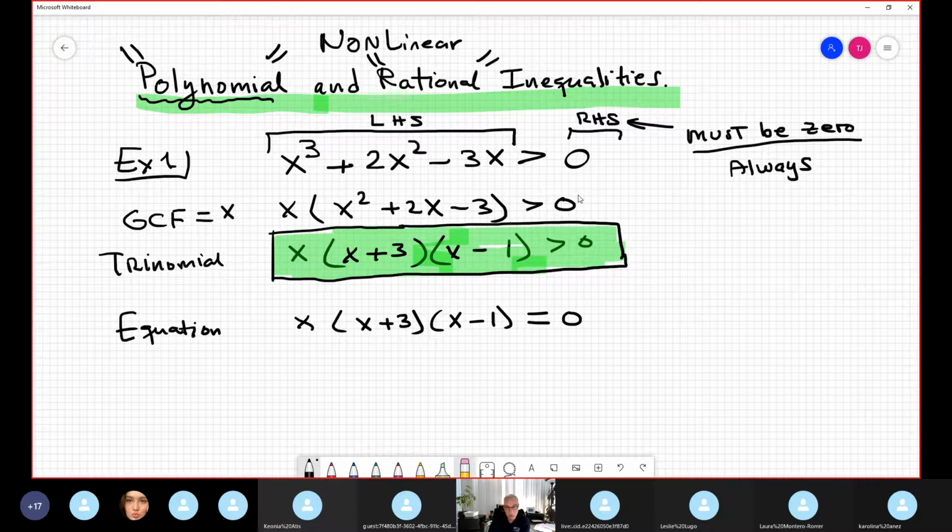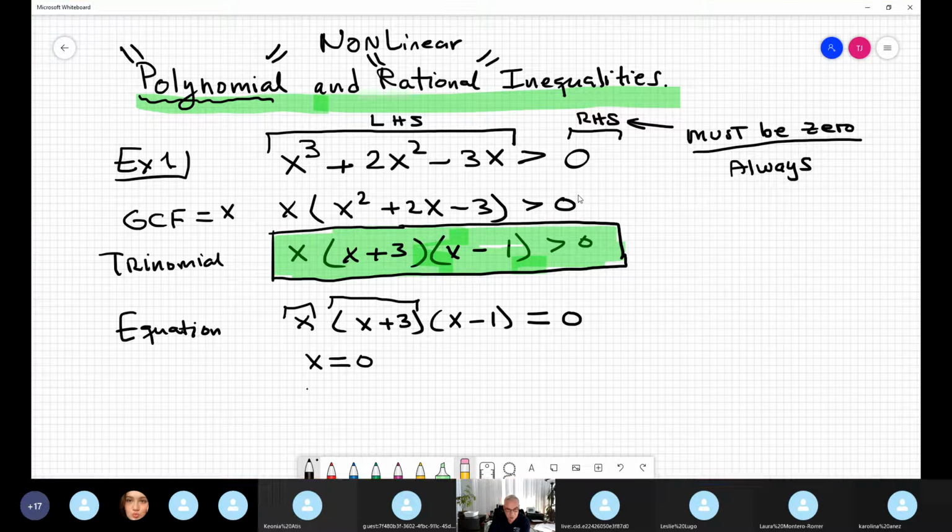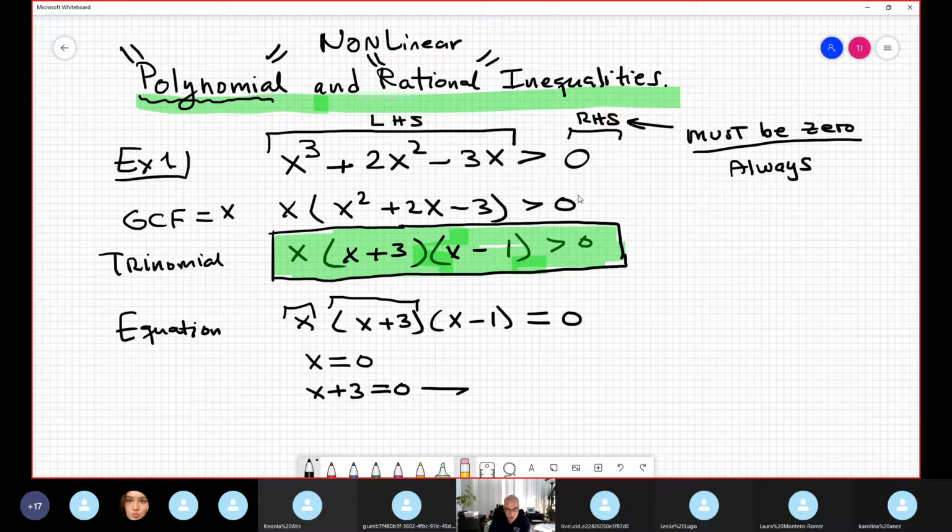You say, Professor, no, but the original is not equal. I agree, I know. But this is auxiliary tools. It helps me to understand the problem. You solve this equation. It's super easy. Each factor is 0. x is 0. x plus 3 is 0. That means x is minus 3.